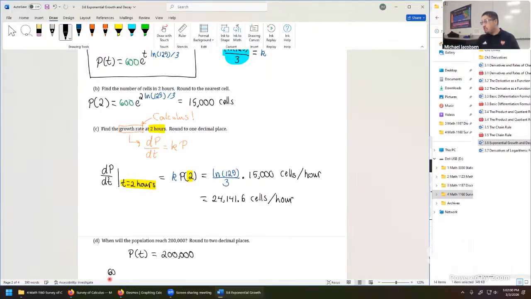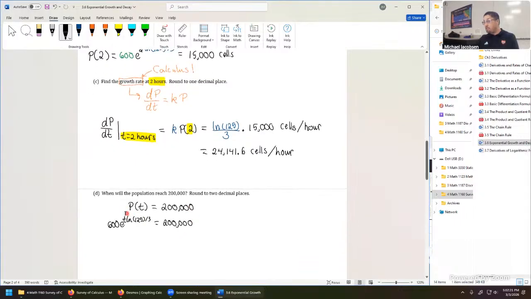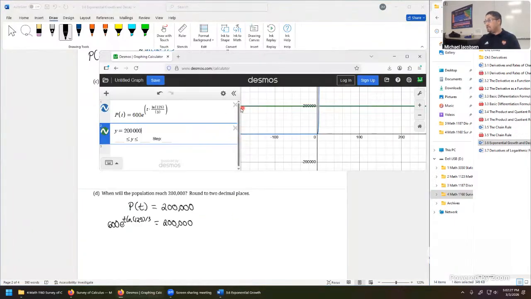You would get 600 e to the power t natural log 125 divided by 3. That's the entire right-hand side, replacing P of t equals 200,000. Then this is essentially just like solving for the growth rate k, but this time we're solving for time t. Divide both sides by 600. That gets us started.